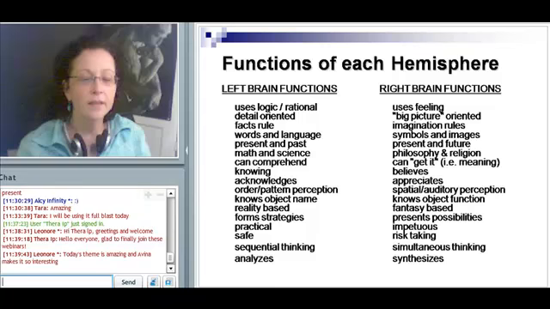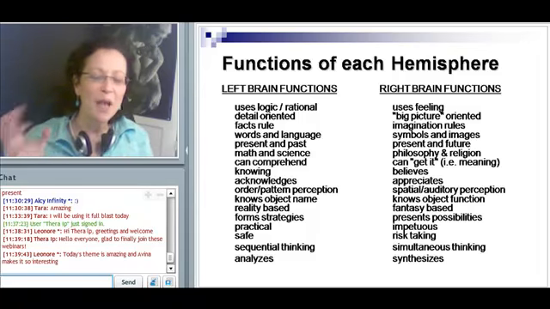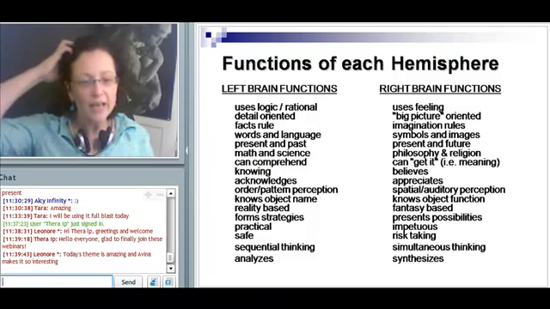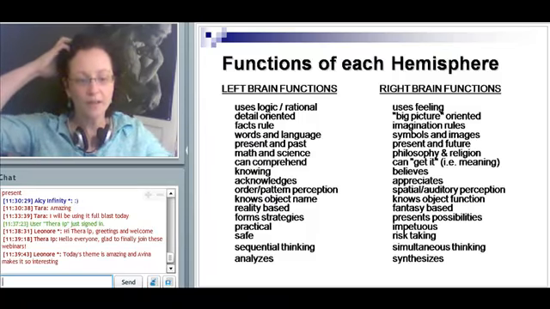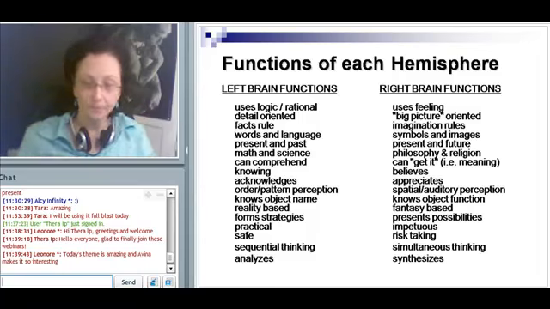Interesting to note that most people tend to be right-handed. Oh, yes, I didn't mention that the hemispheres are contralateral in how they control the rest of our body. So our right brain controls the left side of our body, and our left brain, our left hemisphere, controls the right side of our body.